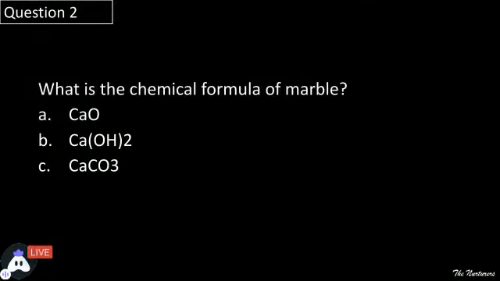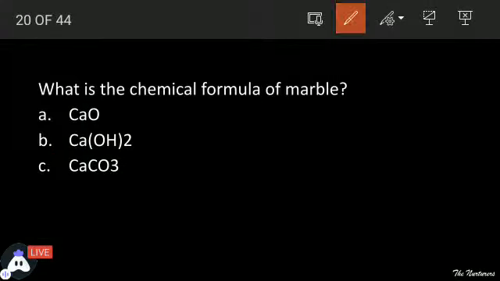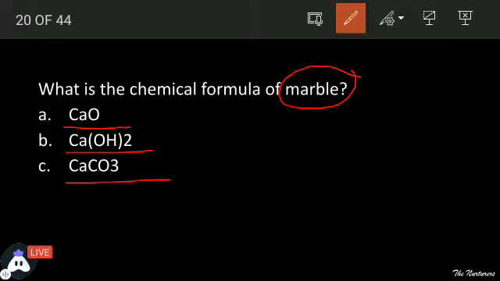The next one, what is the chemical formula of marble? Marble का chemical formula क्या है? Whether it is calcium oxide, calcium hydroxide or calcium carbonate, CaCO3. What is the chemical formula of the marble? Yes, very good students. The formula of the marble is CaCO3, that is calcium carbonate.